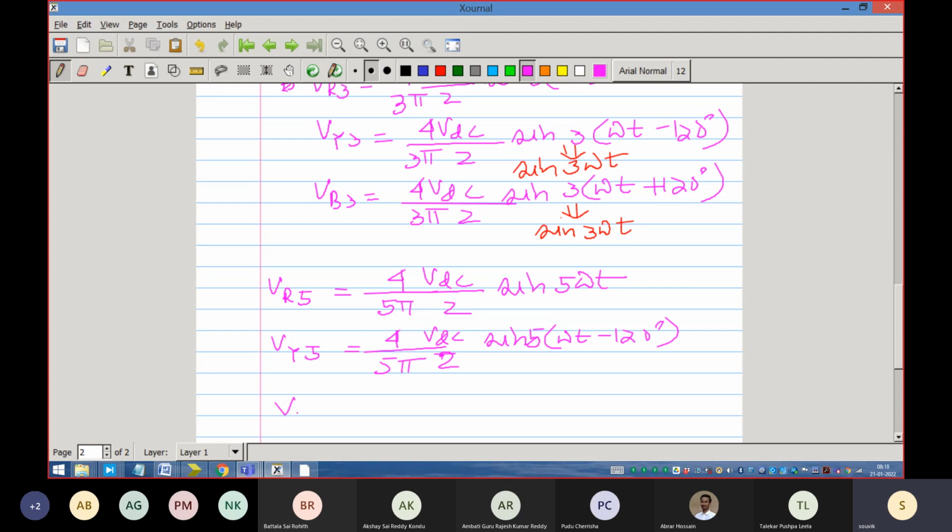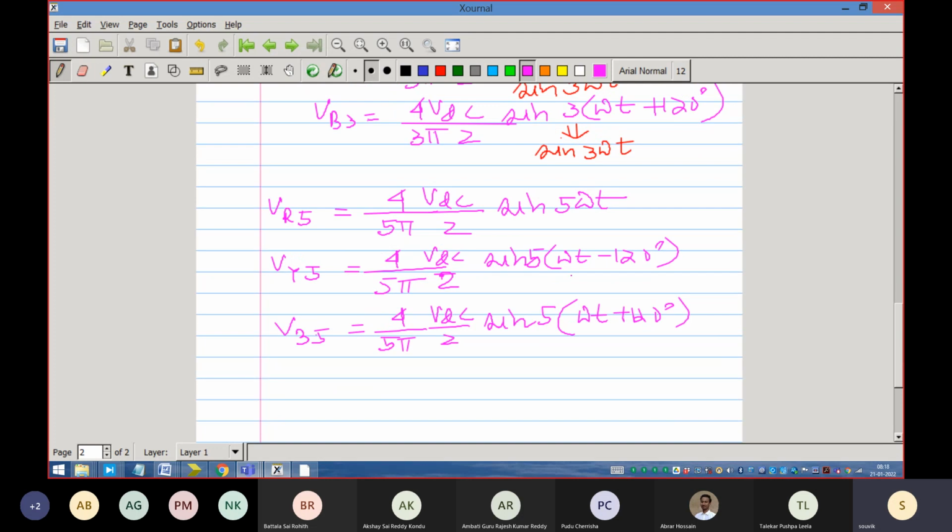And VB5 is equal to 4 by 5 pi into VDC by 2 sine of 5 into omega t plus 120 degree. Now I want you to look at this waveform, this number a little bit.